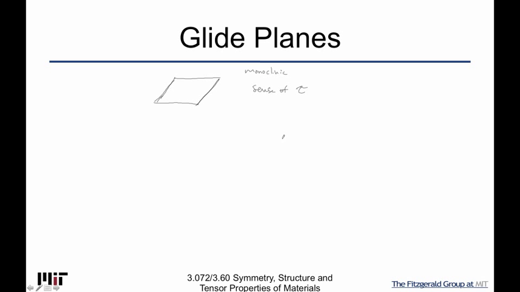But how do I show the sense of tau if I'm looking at tau along this plane? Well, my choices can be tau going along B, if this is B and this is A, right? And so the way I would show that on a 2D diagram is a symbol like this, right? And by the way, that would be called a B glide.